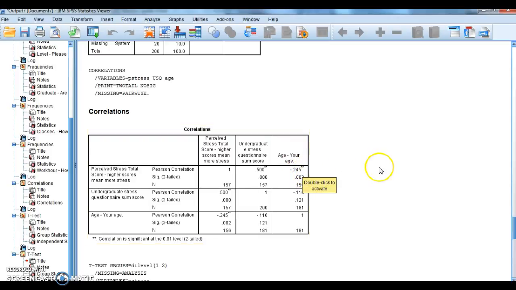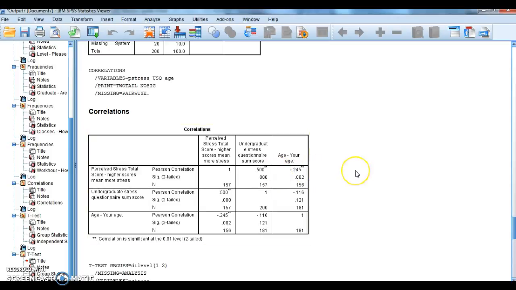Now this is significant, that says 0.002. As long as it's less than 0.05, then we consider it a significant relationship. And this is in the opposite direction of what the hypothesis is, because we hypothesized we'd have a positive correlation, that with the higher the age, the more perceived stress, but it's actually in the opposite direction.